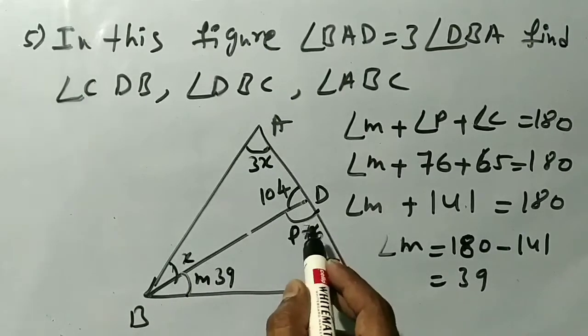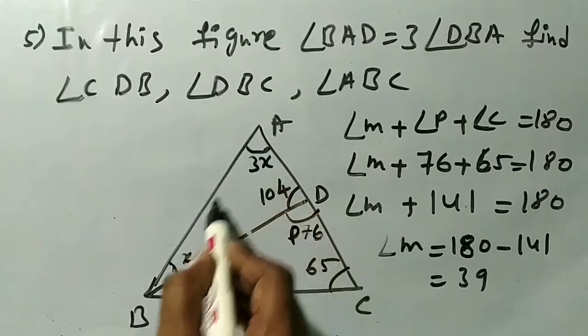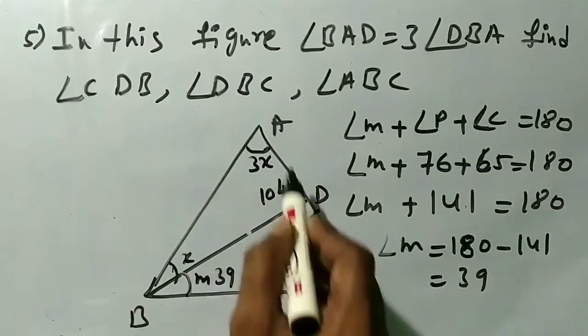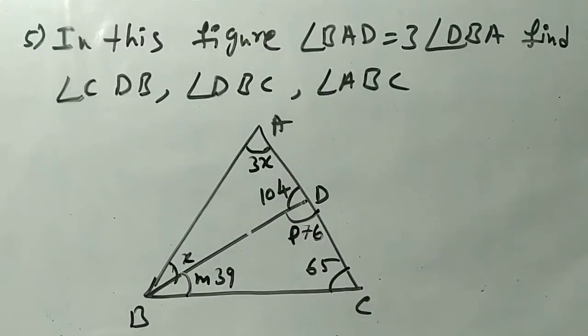So we got all angles of this triangle, and now we have to find all angles of the triangle BDA. Let us erase this. Again, the summation of all interior angles is equal to 180.